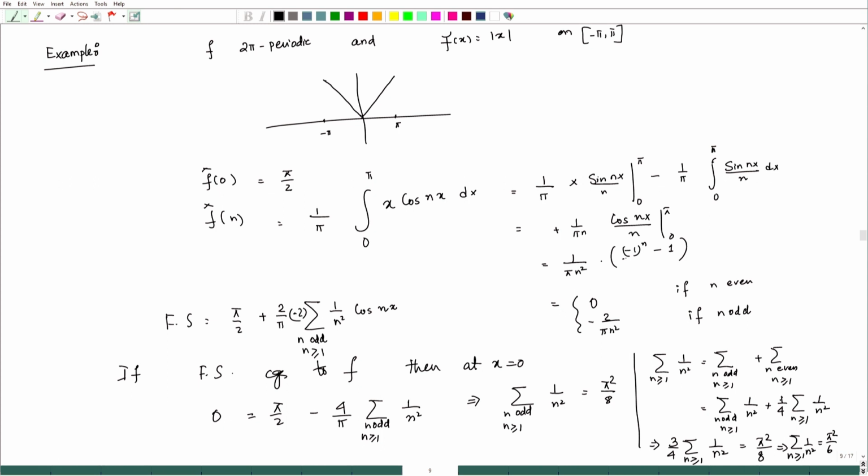So, as we can see, if we can prove that actually this Fourier series converges to f at every point, then we get that summation over 1 over n square is equal to pi square by 6, not bad at all.